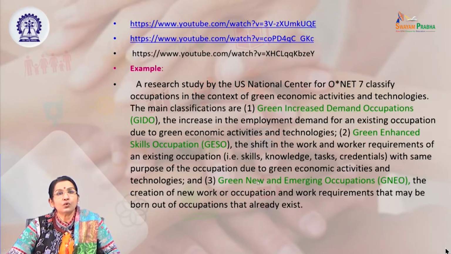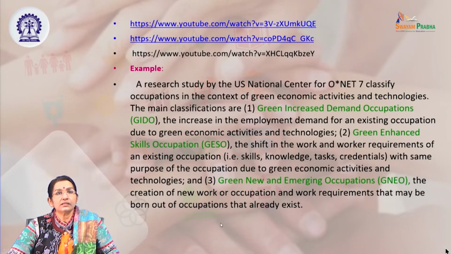That is the future scope of these things. So, increasing demand is the current demand of green jobs, what type of occupations are getting high demand, and the basic skills required for this green economy, that is knowledge, skills, tasks, credentials required for this kind of occupation, and creating the new things, the emerging creation of new occupations from the existing.